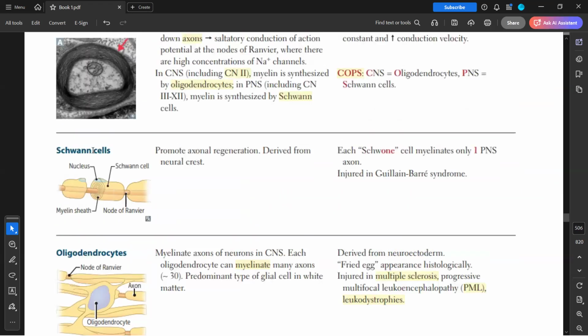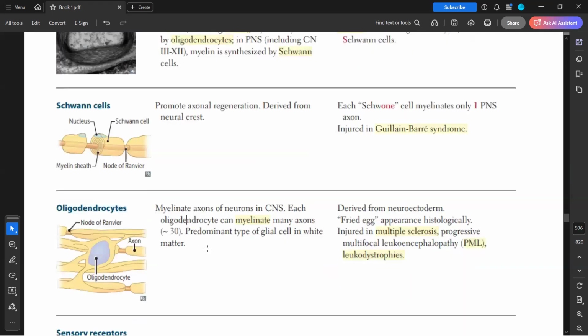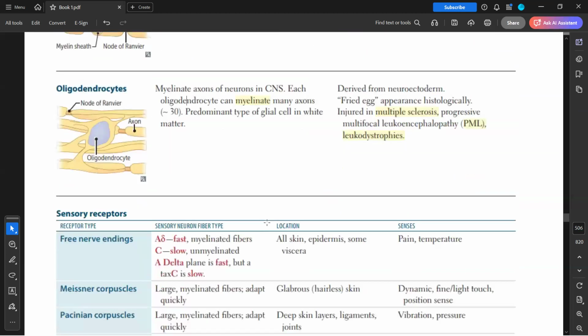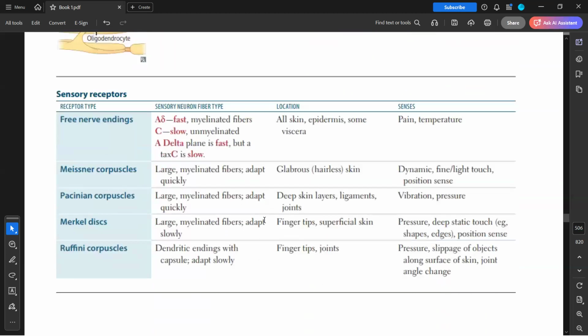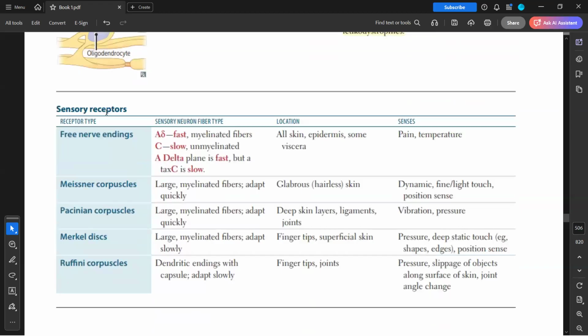And remember, Schwann cells are for PNS. They work for PNS, and Schwann cells are damaged in Guillain-Barré syndrome, which is again very common, and it again decreases the conduction velocity.